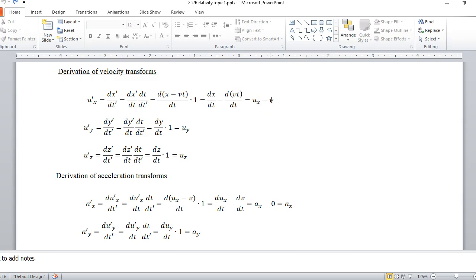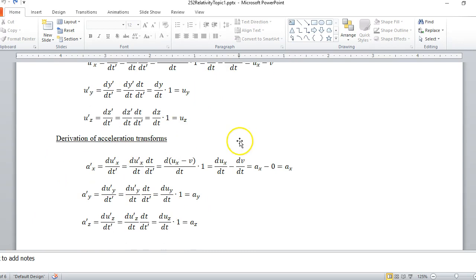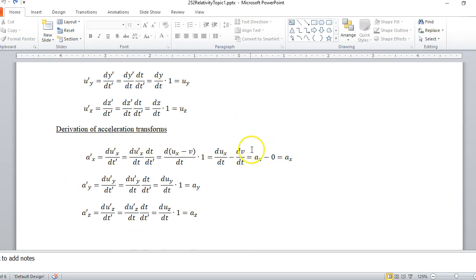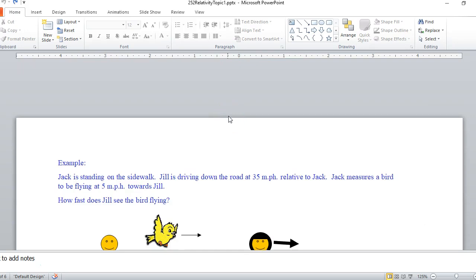That's what, in fact, makes this topic special relativity. We're assuming that the velocity is a constant. You can do a similar thing for the y and z components, and for the acceleration components if you want to go through the details. So that's it for the transformation equations for Newtonian relativity.